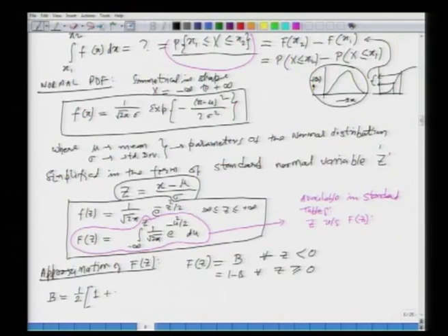Half of 1 plus 0.196854 times the modulus of z, or the absolute value of z, plus 0.115194 times z square, plus 0.000344 times modulus of z cubed, plus 0.0195527 times z to the power 4, this whole raised to the power minus 4.